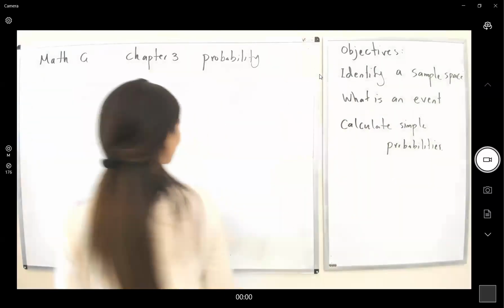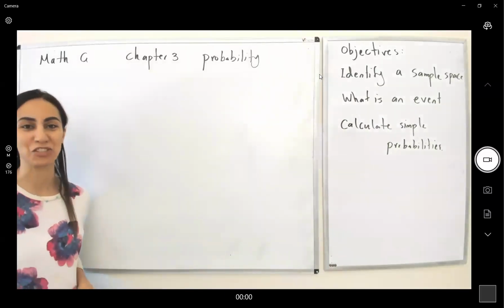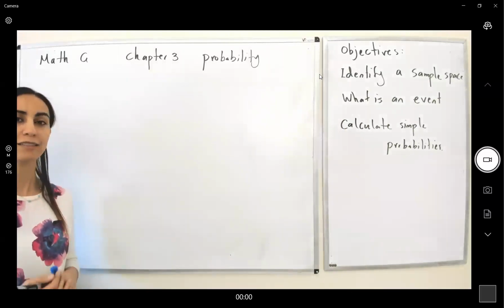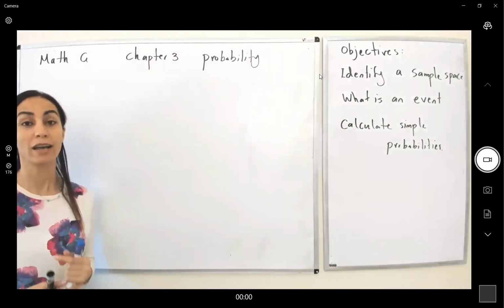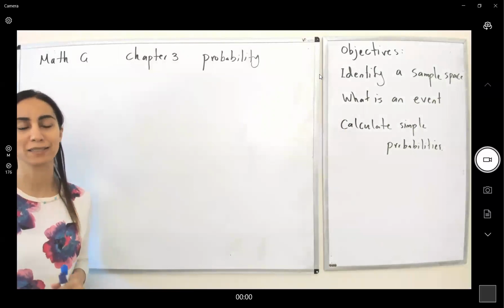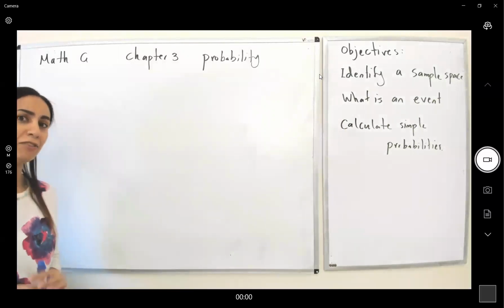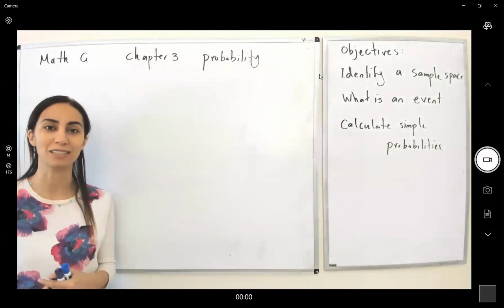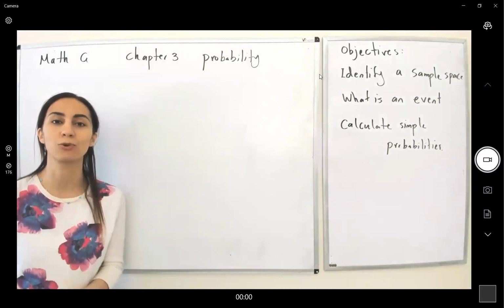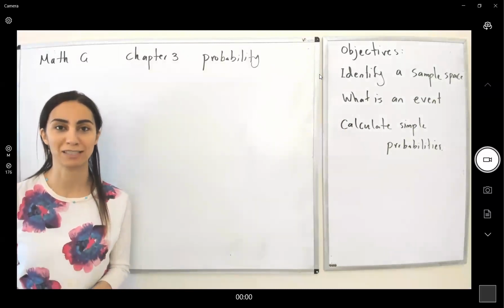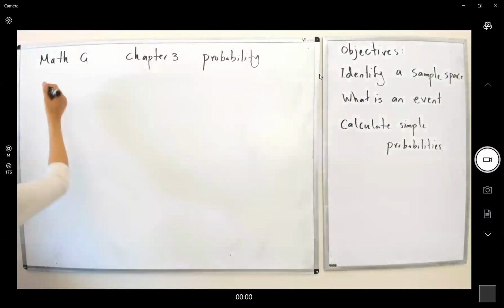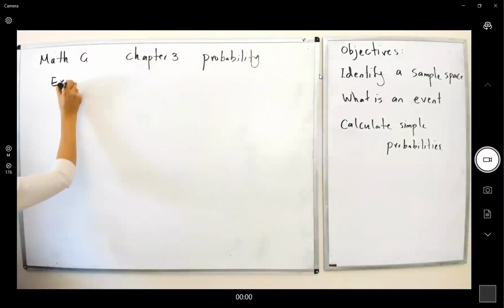Well, let's start with some definitions. First of all, let's start talking about a sample space. Very well. When we're talking about probabilities, you're actually dealing with some experiments. So our very first step is having experiments.